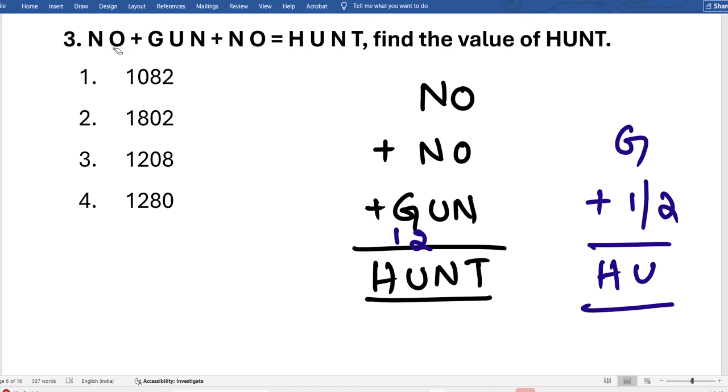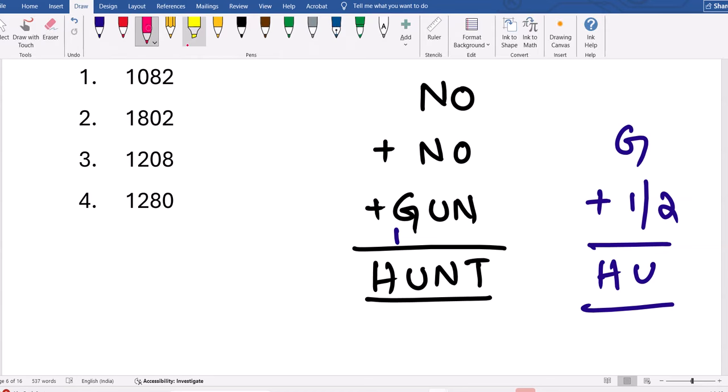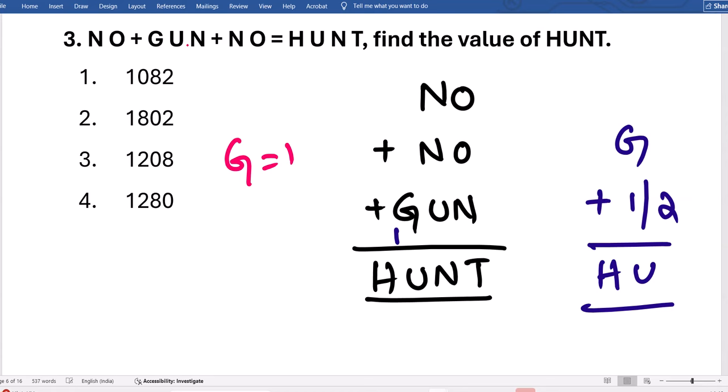Carry cannot be 2 now. If it is 9 plus 2, 11. Two same letters would be required, but H and U are different letters. So G value 9, H value 1, U value 0. Starting with 10, only one option. I don't worry about the remaining. HU must be 10, only one option is available.